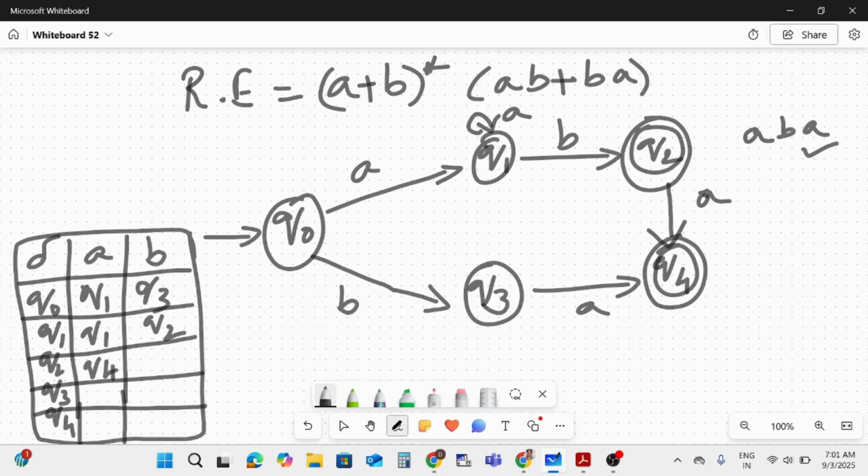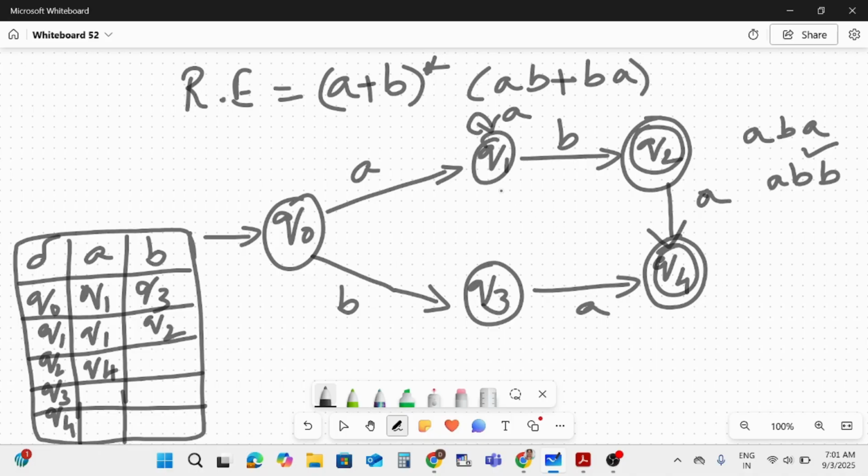Similarly, by the time it reaches q2, it will have consumed ab. And then if b comes, what should I do? I need to check which state I can send it to within the given set. Remember, we send it to a trap state only when a condition is violated.